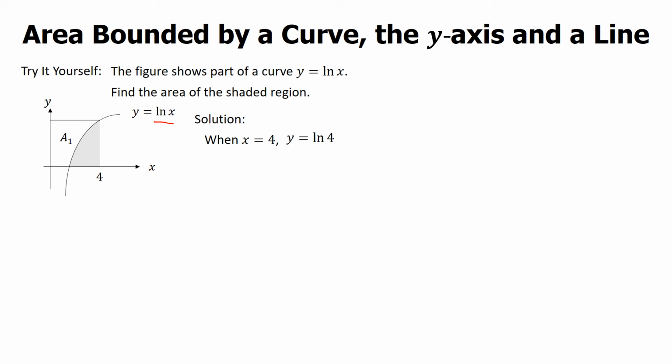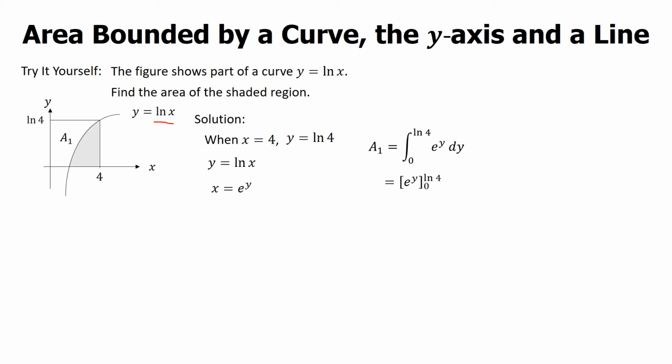So when x equals 4, y is ln 4. Therefore, this is ln 4. So given that y equals ln x, we have to make x the subject, which is x equals e to the power y. So A1 equals integration from 0 to ln 4 of e to the power y dy.